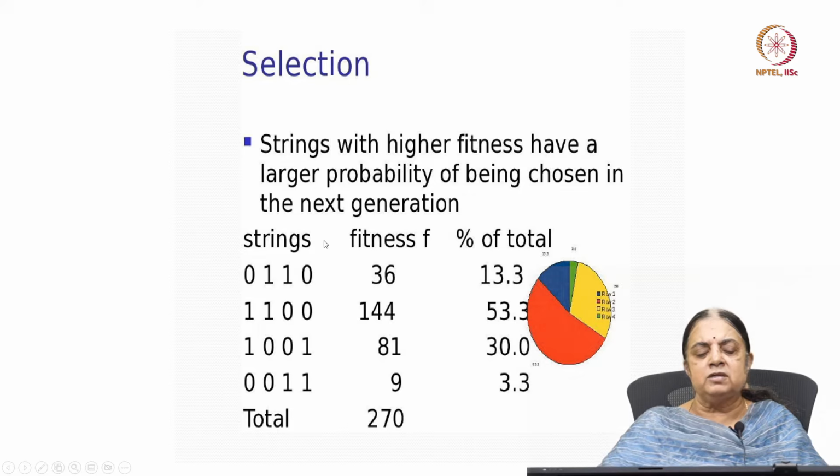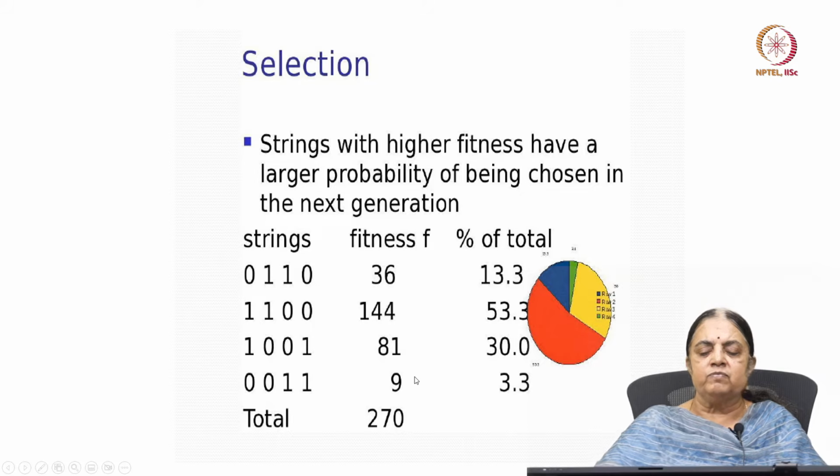For example, if we have 4 strings here, this represents string 6, and if your fitness is x squared, you will get 36 here. This is 12, so you get 144. This is 9, so you will get 81, and this is 3, so you get a fitness of 9.